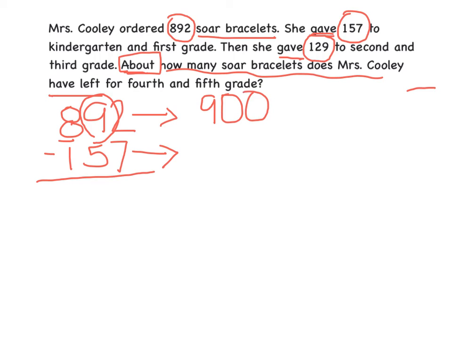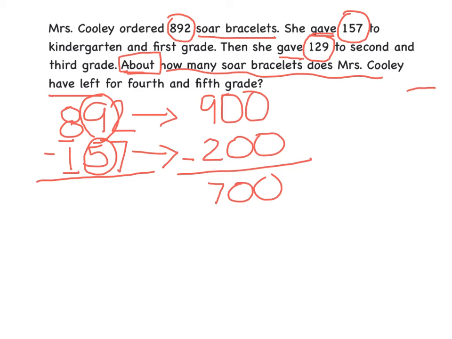Then I'm going to round 157 to the greatest place value, which would be the hundreds place, which would round to 200. I'm going to bring my subtraction symbol over. 900 minus 200 is 700.